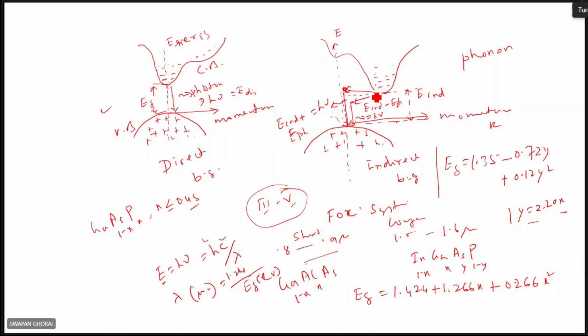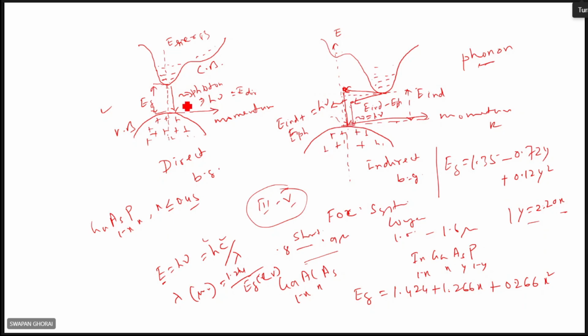So in this case, to get the transition from the conduction band to the valence band, a third particle must participate in the process, like a phonon, a crystal lattice vibration. A phonon is nothing but a crystal lattice vibration, just like a photon. The third particle must participate to conserve the momentum.